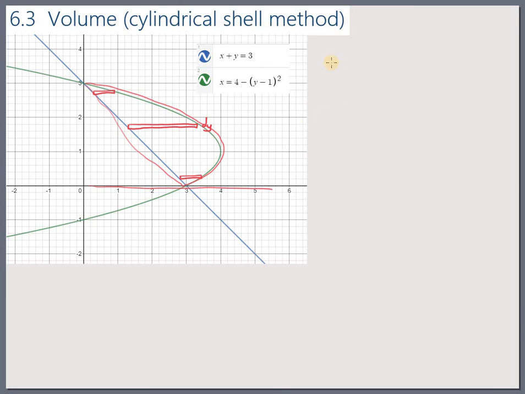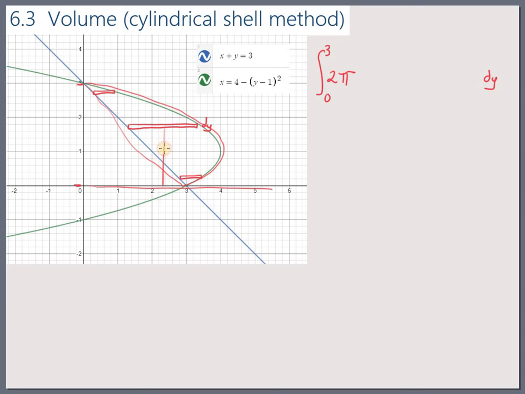Since we're doing it in dy, I'll figure out my y limits of integration from the lowest to the highest, and I am integrating from 0 to 3. And keep in mind when we do this, we are doing 2 pi radius.